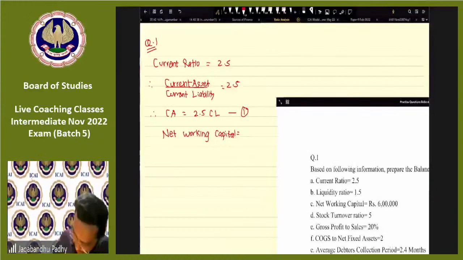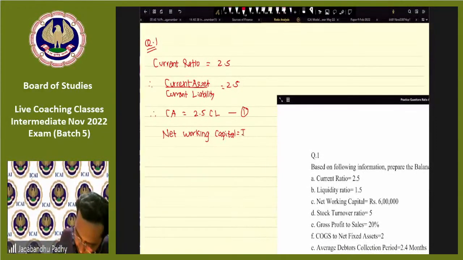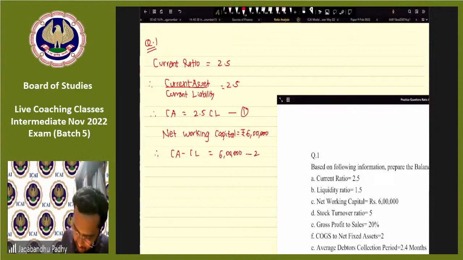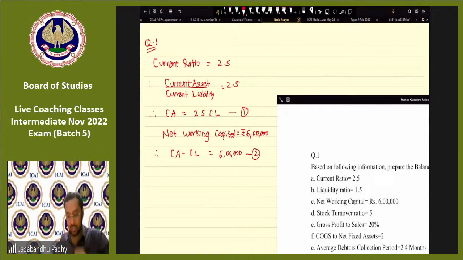Net working capital is rupees 6 lakh. We know that it is computed as current asset minus current liability, which is 6 lakh. This is the second equation. Can I substitute something? Definitely, I can substitute the first equation over here.